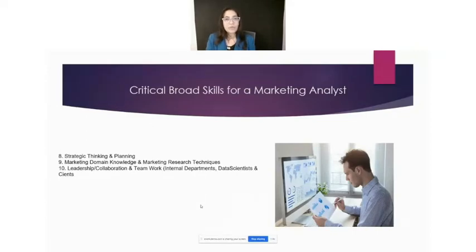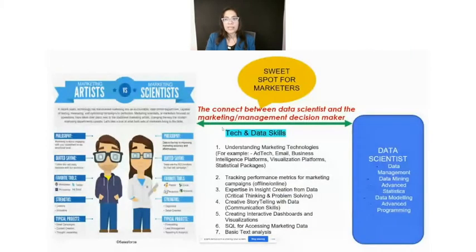There's a lot of domain knowledge to make sure you're applying it, interpreting, and making decisions and recommendations to the stakeholders in the right way. That really differentiates a marketing analyst role from the data scientist, and it also helps when going for a job interview.